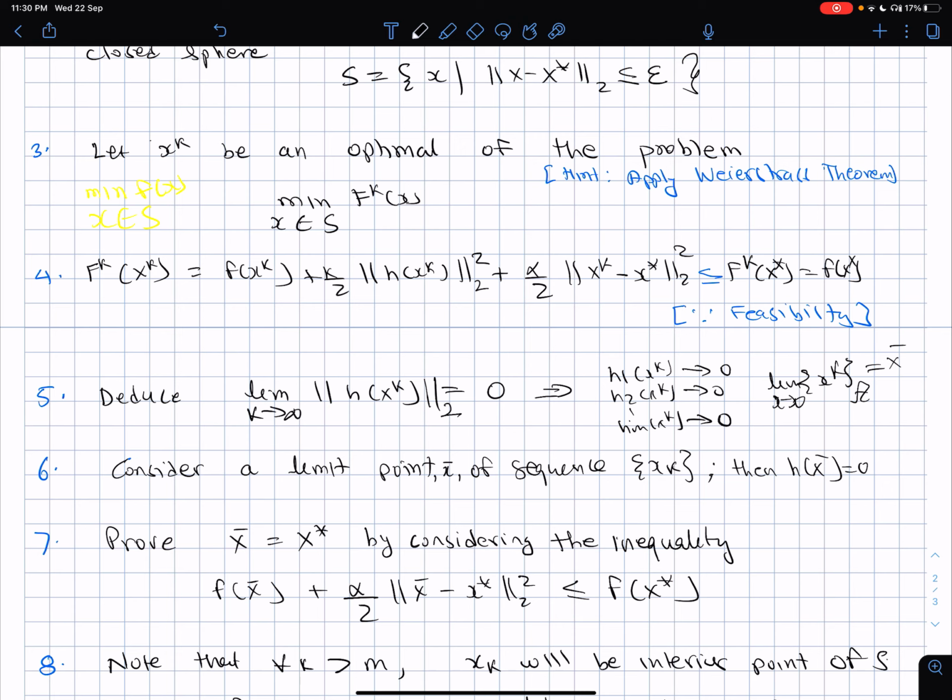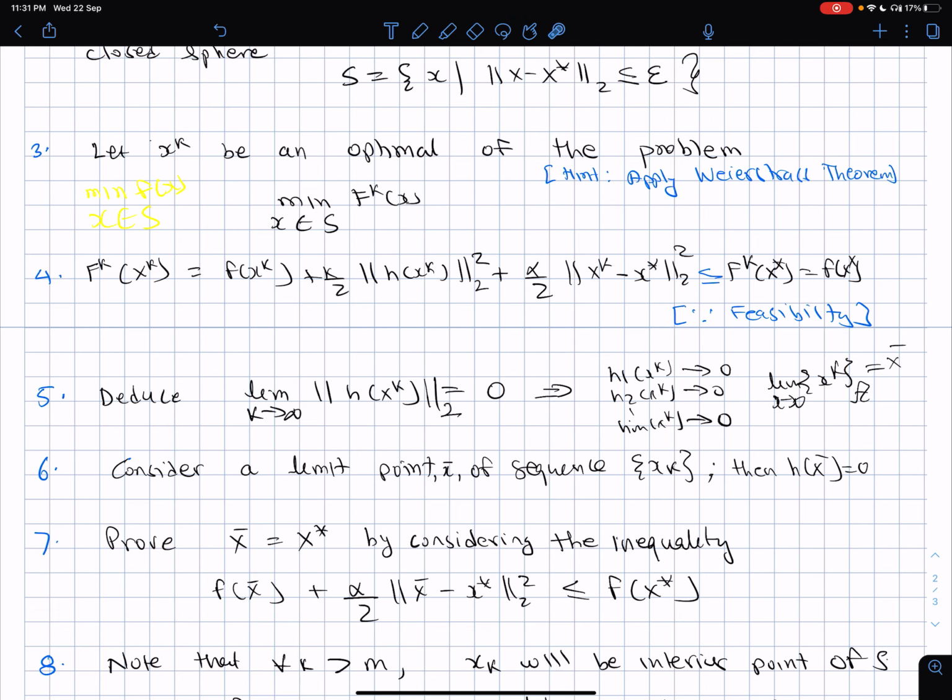Why does one such limit point exist? Recall we did sequences earlier and we said that an infinite sequence coming from a bounded set will always have a limit point. That's the point that we are invoking here, and we are saying that it will have at least one limit point.